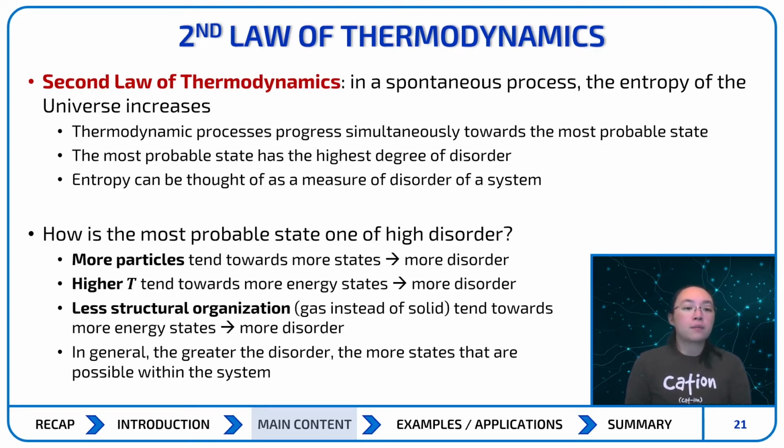If you have a lot of particles, there are going to be more possible ways to rearrange those particles. That means that there are more states that can be created. So you can have certain molecules arranged in a certain configuration, and so on. The more molecules you have, the more configurations you can have.